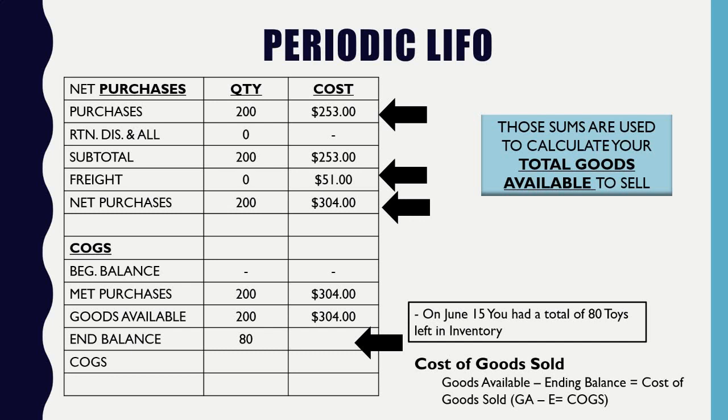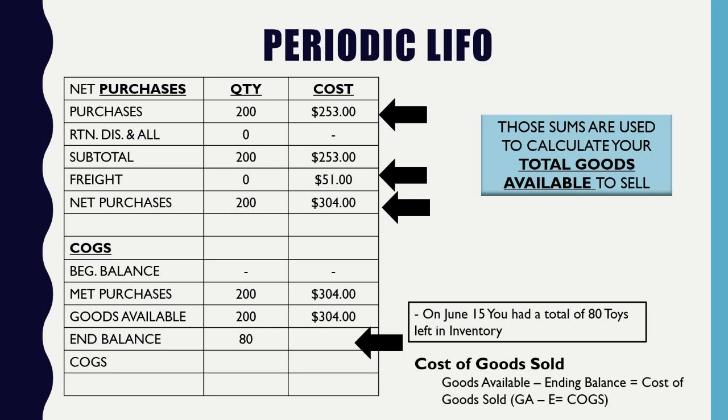In this case, we're assuming that there is no beginning inventory. So we need to plug in our net purchases, which is exactly what we solved for from above. Then our total goods available is your beginning balance plus your net purchases, which in this case, 200 plus 0 is 200, and 304 plus 0 is 304.